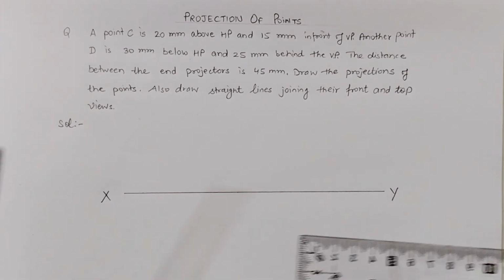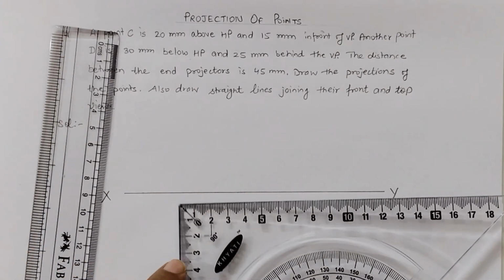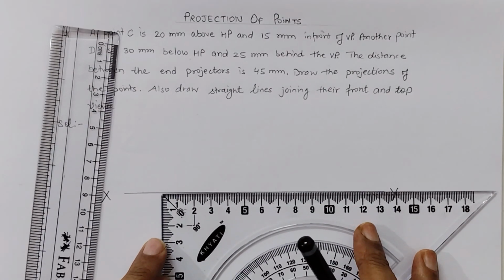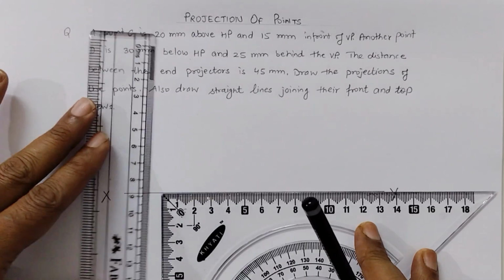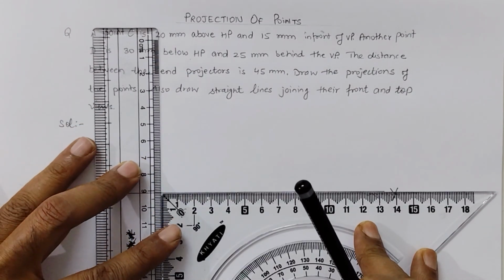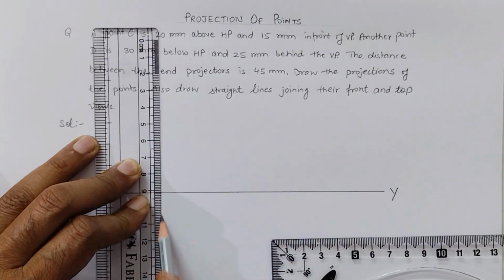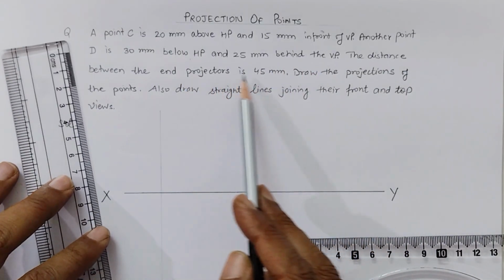Let us start with the projection. First, draw the projector line for point C. So this is the projector line for point C, and the distance between the two projector lines is 45.